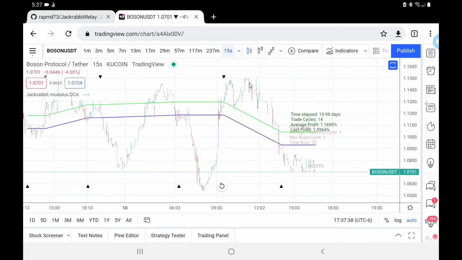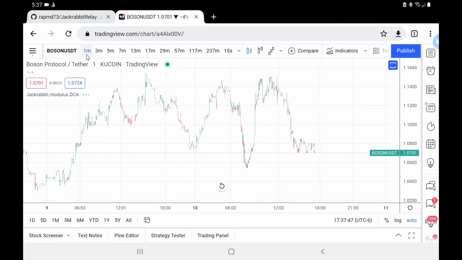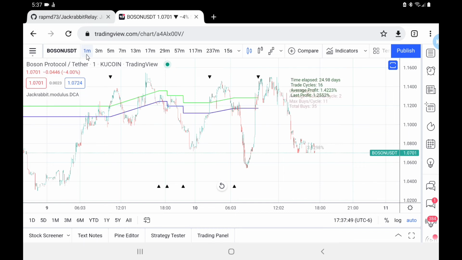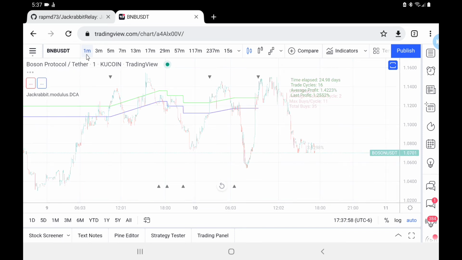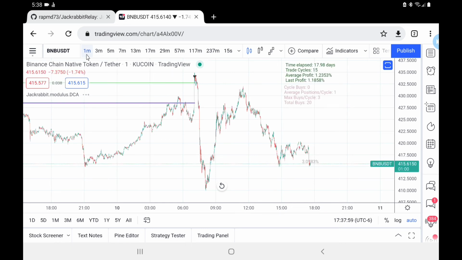Let's look at some real garbage coins. And I'm going to do this on the 1 minute since most people don't really want the risk of a 15-second time frame. This is a comfortable time frame. Here's a coin that is always a hot mess to deal with.